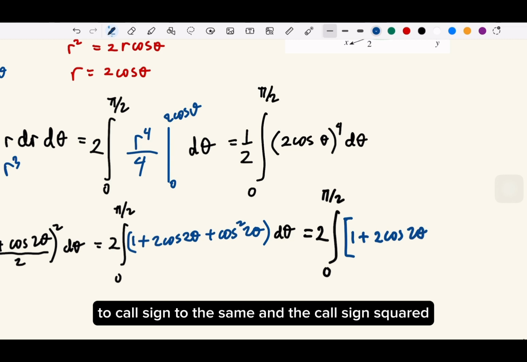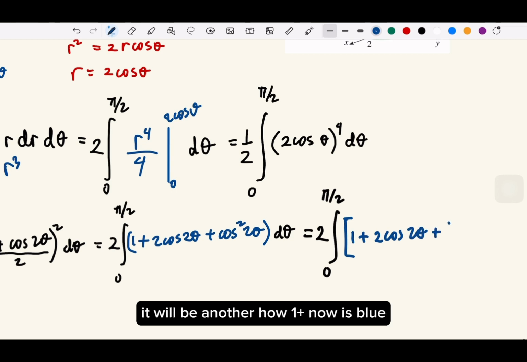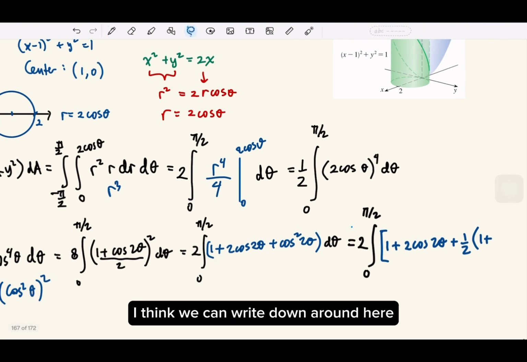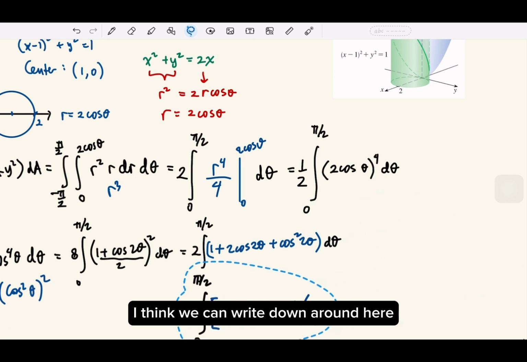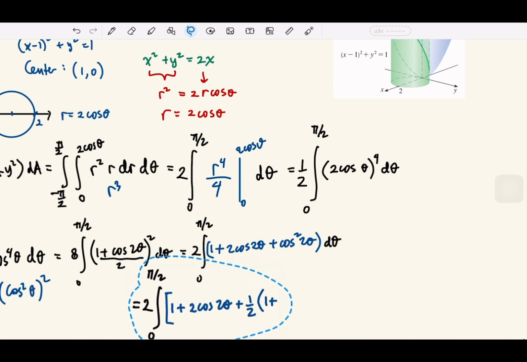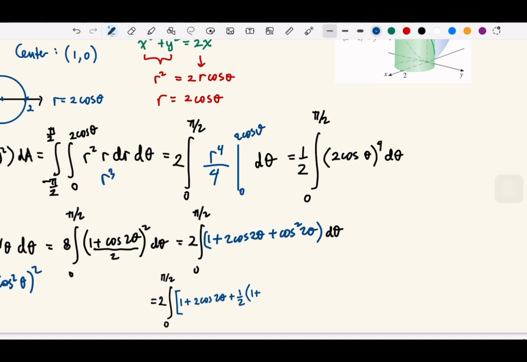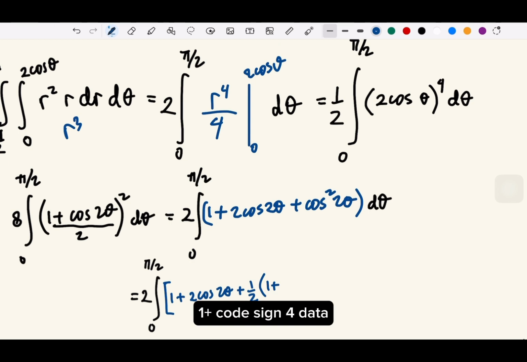And the cosine squared will be another half times 1 plus cosine 4 theta.